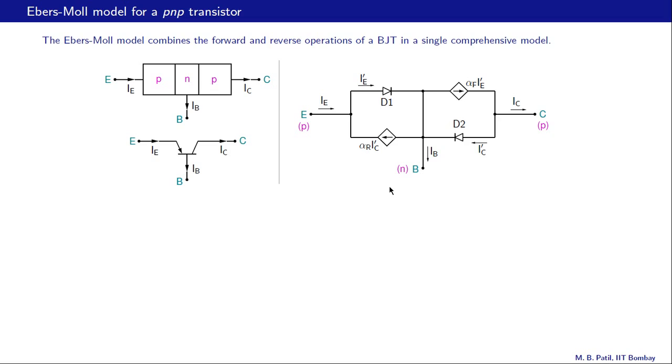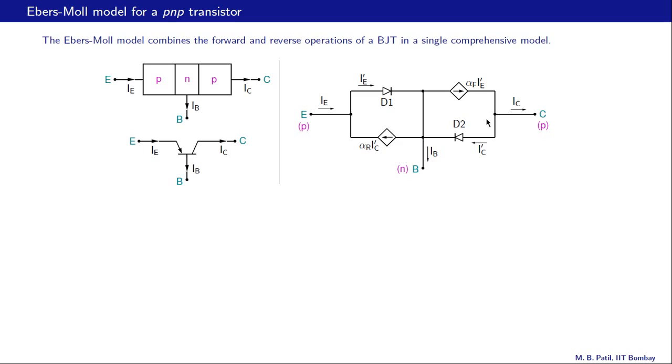Similarly, in the reverse active mode, the base collector junction is under forward bias and the base emitter junction is under reverse bias, and therefore this current now will be negligibly small, and therefore the D1 branch as well as this current controlled current source would be open circuits.